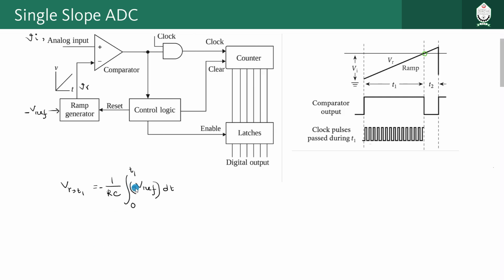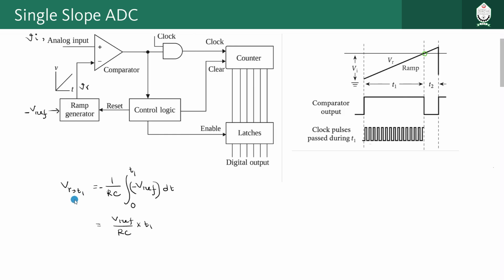We can also omit the two negative signs and put Vref outside. If you integrate this, you are going to get T1 here. So this is the final equation we have for VR during T1, VR after the duration of T1.